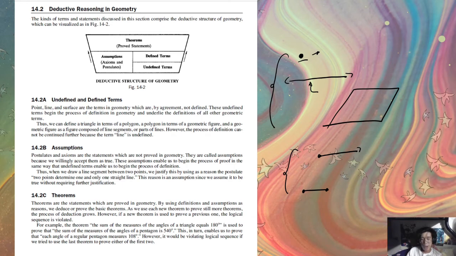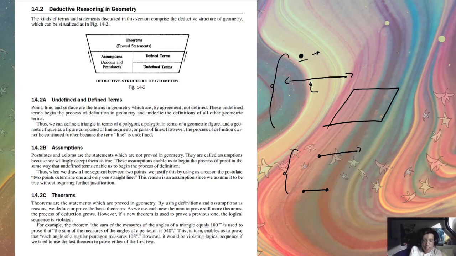Okay, so as much as possible, they try to reduce the ambiguity of the statements by giving very specific definitions. Like this, for example, a line can be determined by 2 points. Okay, so 2 points determine only one straight line. So this reason is an assumption, since we assume it to be true without requiring further justification.